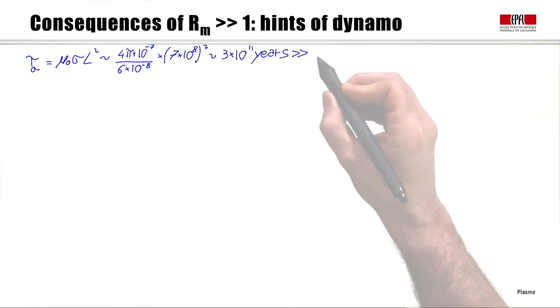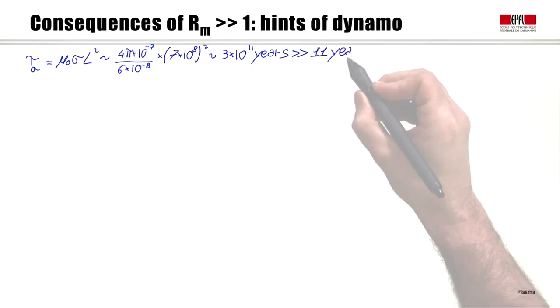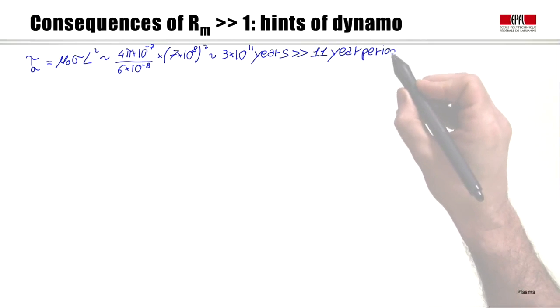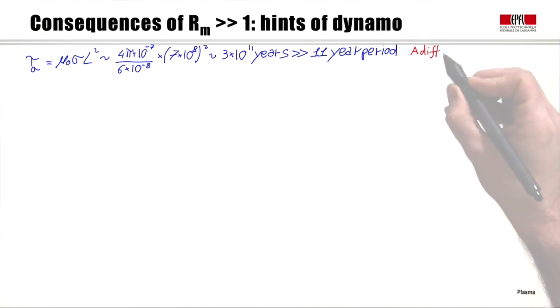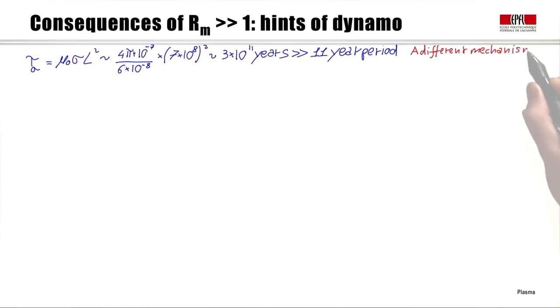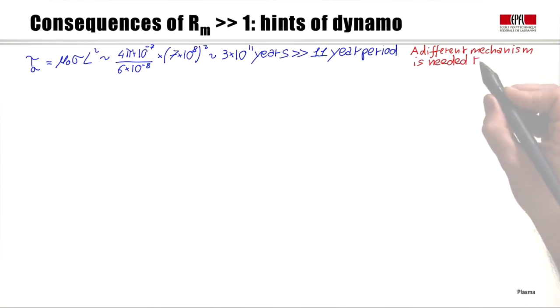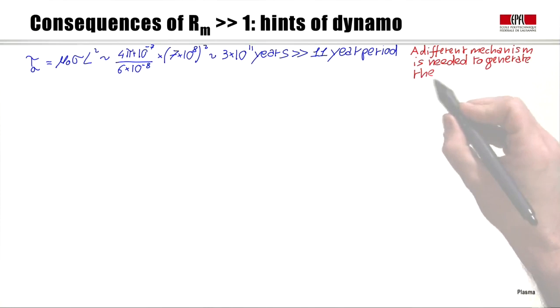This is an extremely long period of time, much longer than the 11-year period that we observe for the solar cycle. This suggests that a different mechanism, other than simple resistive diffusion, is needed to generate the solar cycle.